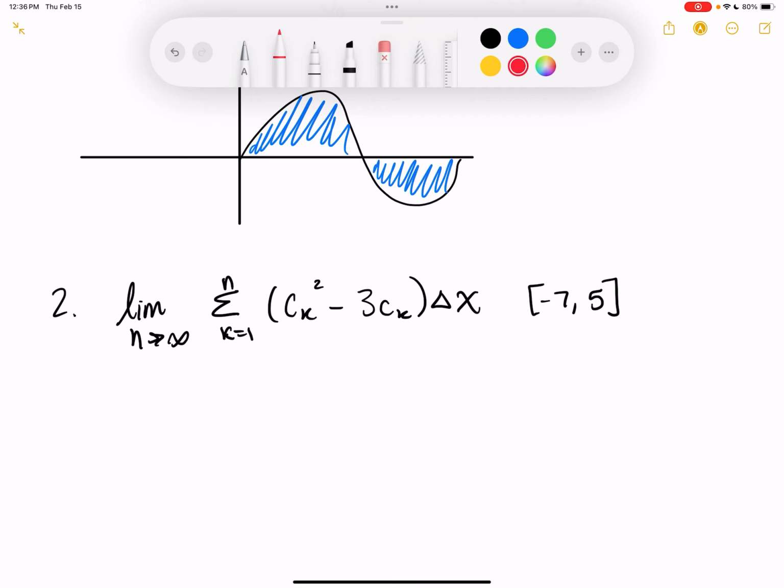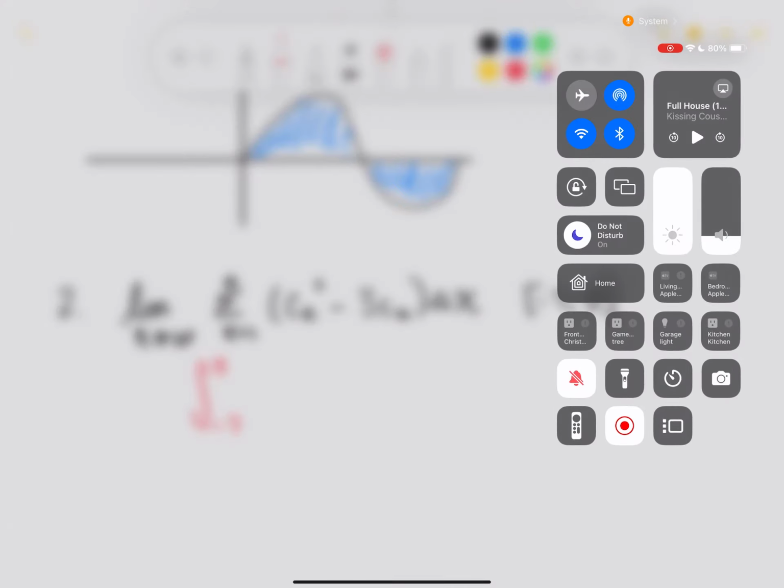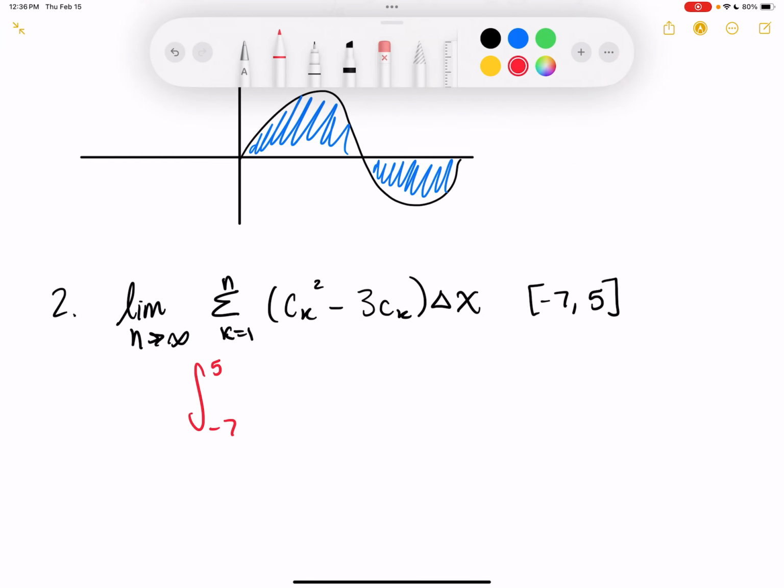So we're writing this as an integral. Definite integral, so our integral symbol, from negative 7 to 5, so negative 7 on the bottom, 5 on the top. Now, we basically just replace c sub k with x.